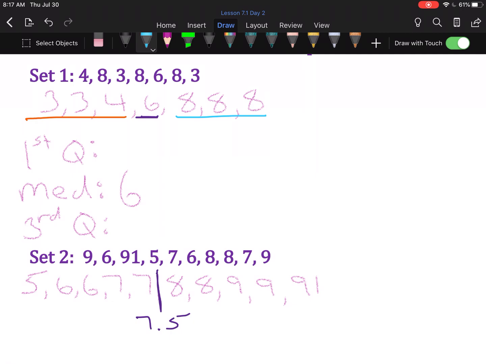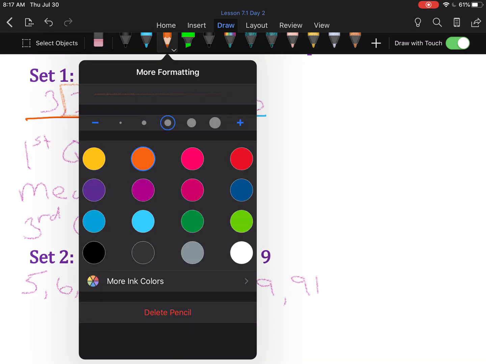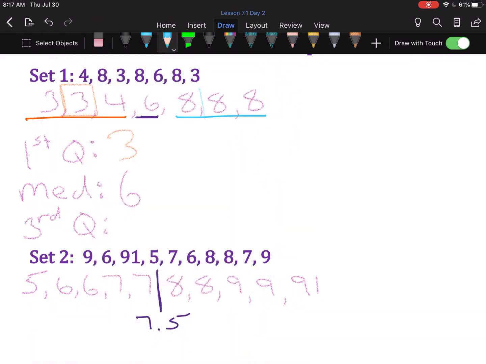The quartiles are the middle of the orange and blue sections now. So what number is in the middle of the orange section? Well, it's this 3. So the first quartile is 3. In the middle of the blue section is this 8.